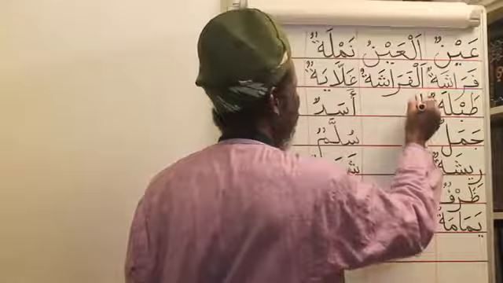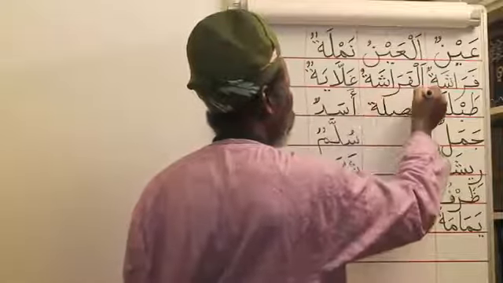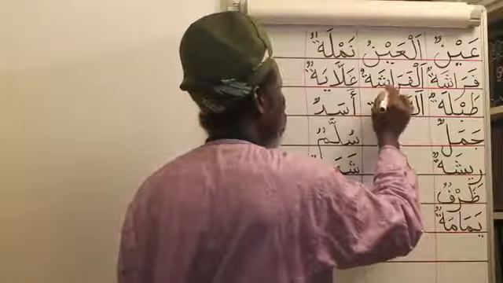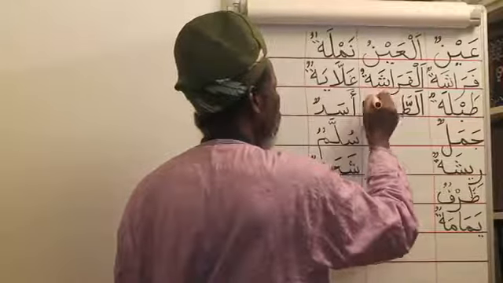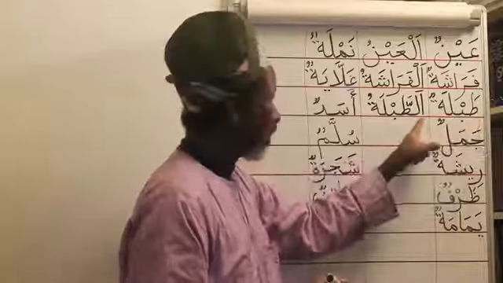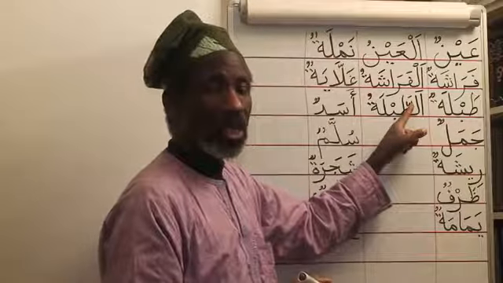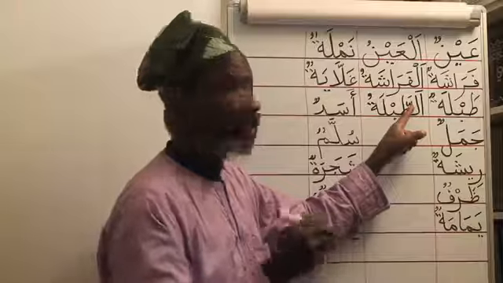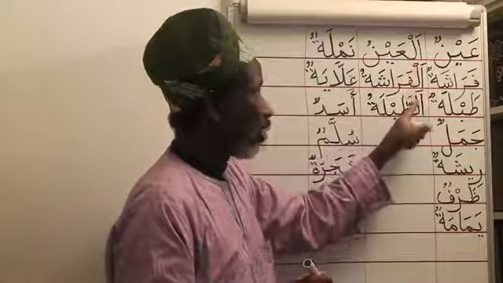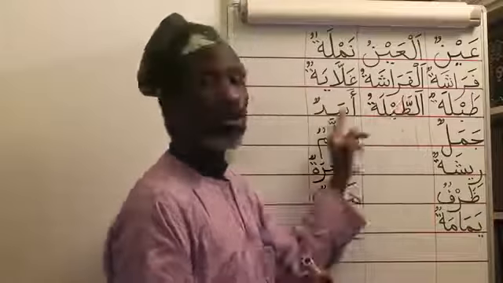So, at-toblatu. That's your Ta. After the addition of "Al", it is now carrying a shadda, and that shadda has an embedded sukun within it. Therefore, the sukun on the lam is being suppressed and deleted. We say at-toblatu.